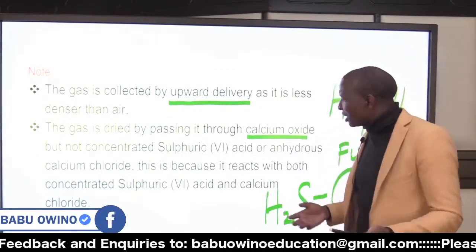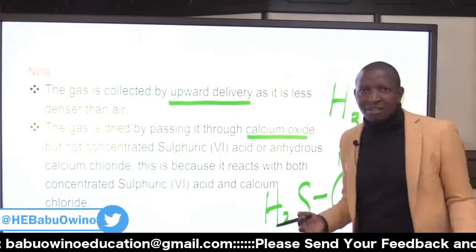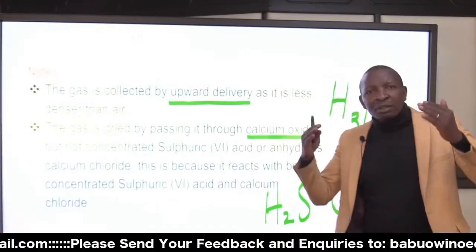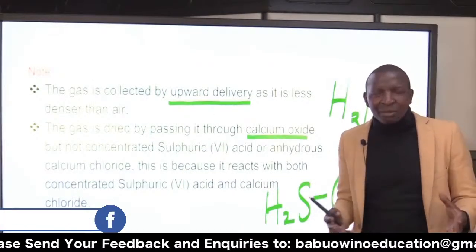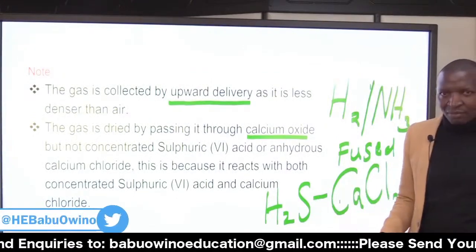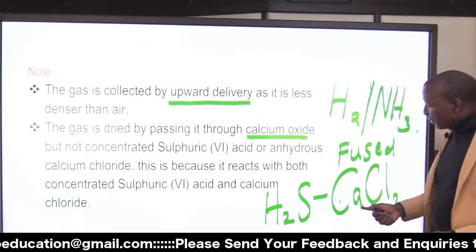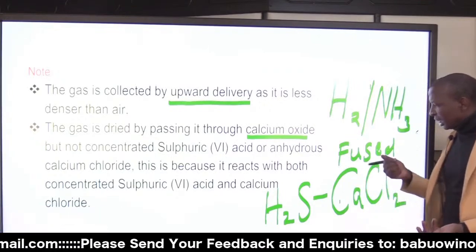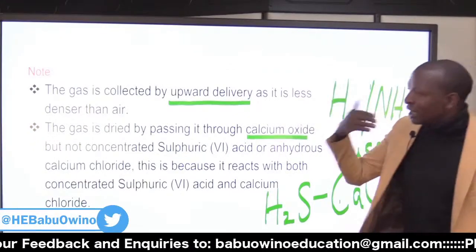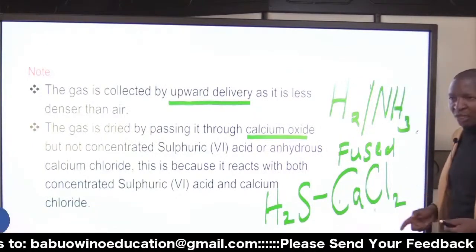All gases can be dried using concentrated sulfuric acid except ammonia and hydrogen sulfide. So all the other 16 gases, you can dry them using concentrated sulfuric acid except hydrogen sulfide and ammonia. So you don't need to cram the drying agent for the other gases. The same scenario: fused calcium chloride can dry all gases except ammonia.